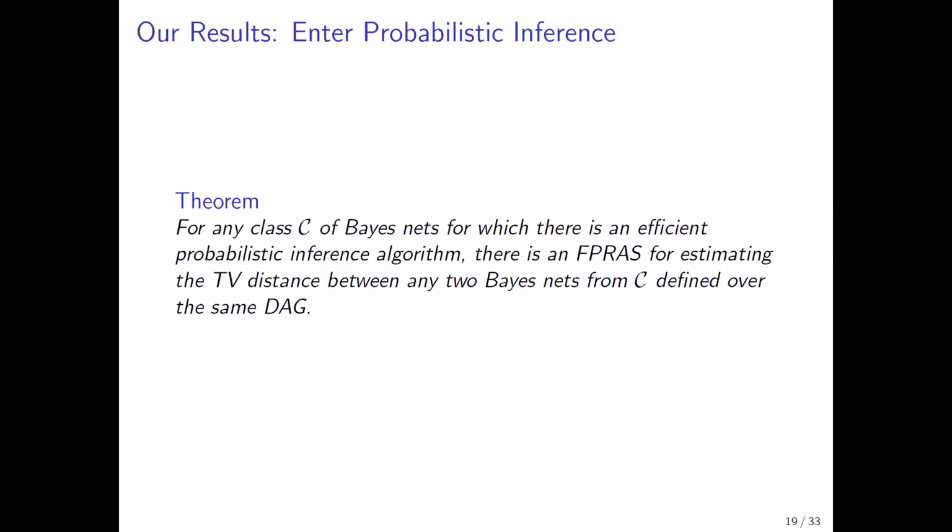Let us now see our results. We prove that for any class of Bayesnets C for which there is an efficient probabilistic inference algorithm, there is an FPRAS for estimating TV distance between any two Bayesnets from C. One important thing to consider here is that the Bayesnets that we are comparing are over the same DAG, which means that they have the same structure.